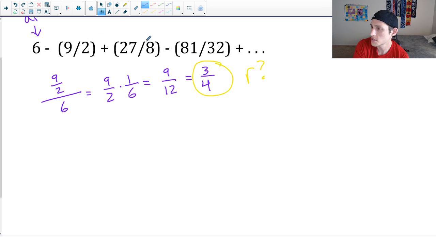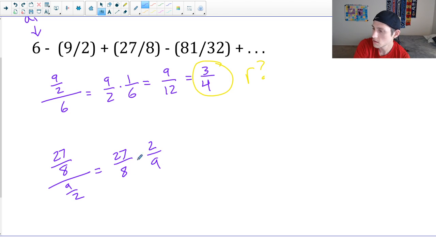So I'll divide the next two terms. 27/8 divided by 9/2. So 27/8 times 2/9. 27 would cancel with the 9, so that would be 3. 8 would cancel with the 2, so that would be 4. So also 3/4.